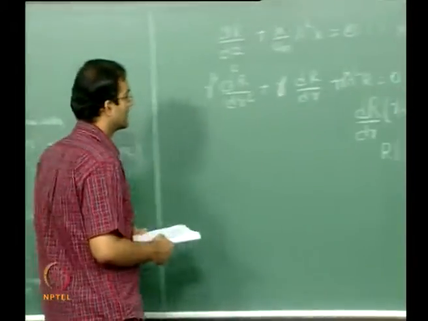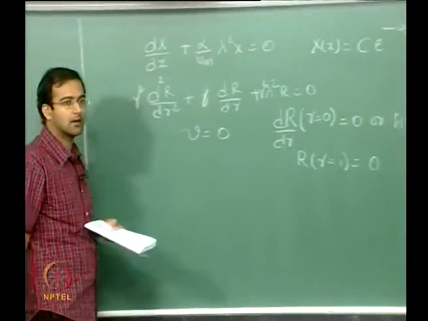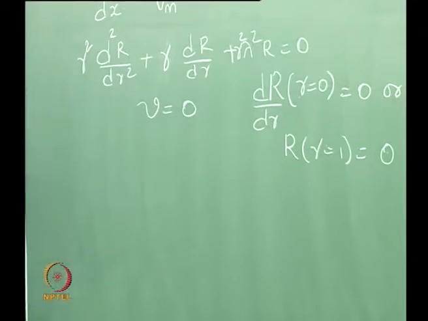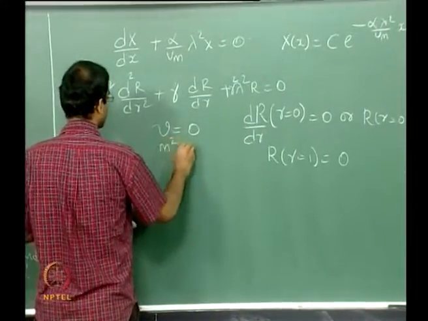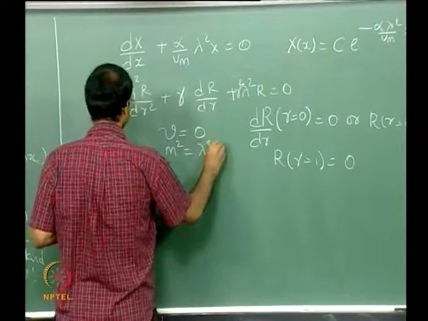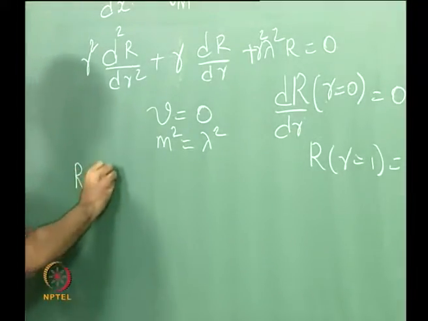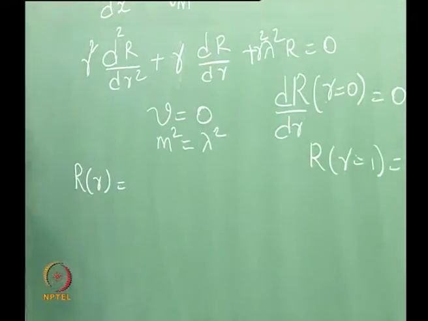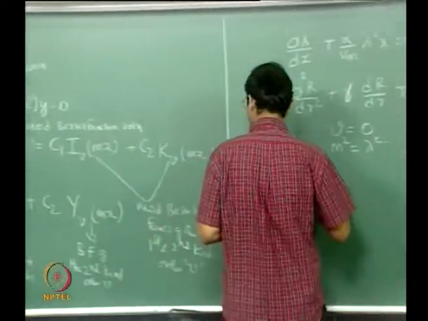So therefore the order of the Bessel functions is 0th order, and your m square is equal to lambda square. So the solution to this ODE will be in terms of the Bessel functions of the first kind and second kind, 0th order.